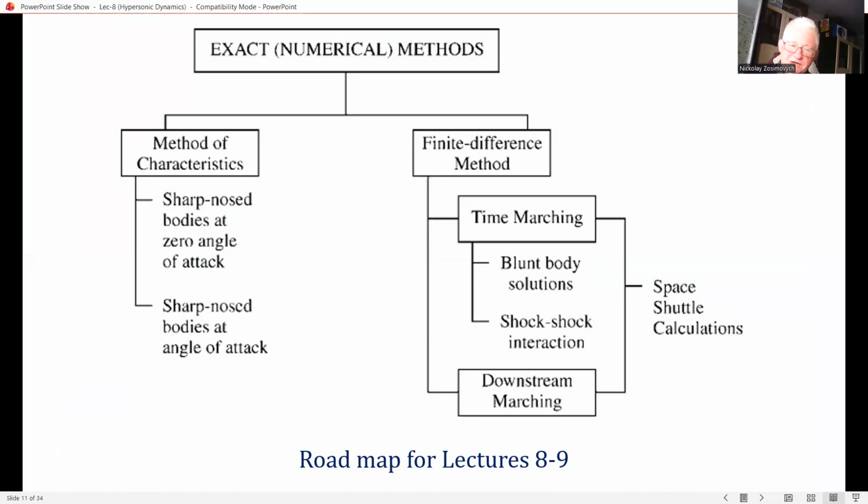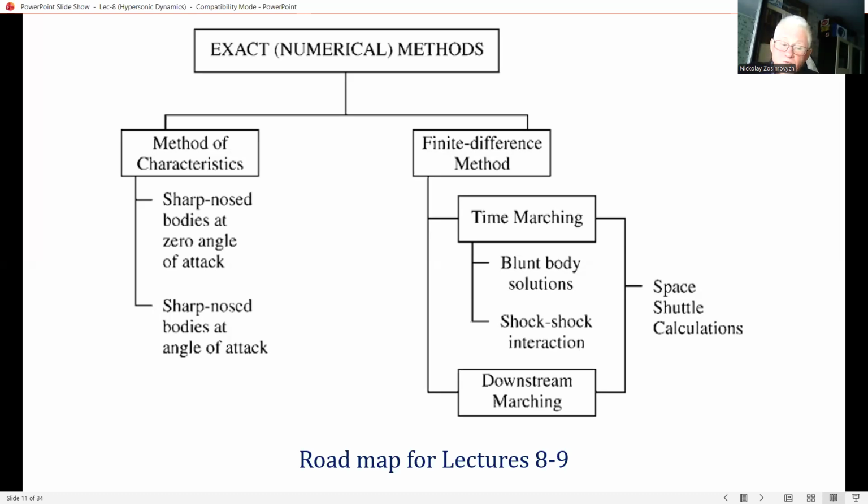Two different numerical methods for the solution of the exact Euler equations for inviscid hypersonic flow are discussed: the method of characteristics and the finite difference method. In reality, there is no one method of characteristics and no one finite difference method.